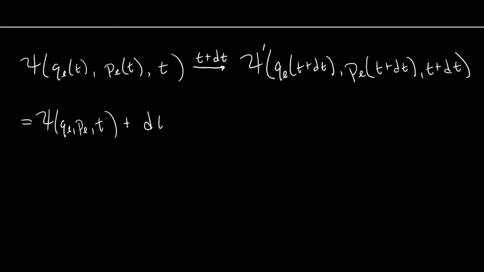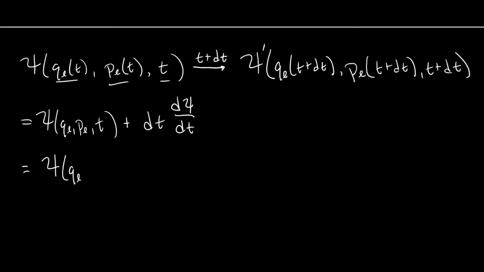plus dt times, I'll write d psi dt as a total derivative. So this is my total derivative with respect to time, not just a partial derivative, which means I have to pick out the time dependences in each one of my terms.